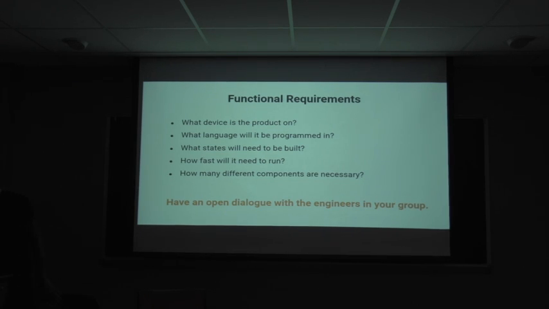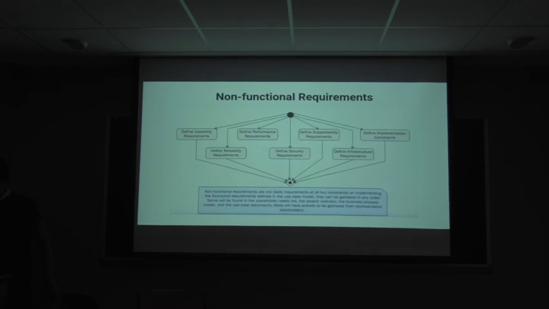So that's that. Then we've got non-functional requirements. This is the stuff that's not what you need per se to make it. You can see there's this definition right here. They're not really requirements, but they're just constraints that you need in order to get the project to run. So things like, as I said, security is not something that you're going to be working on, but it's something you need to consider when you're designing it.